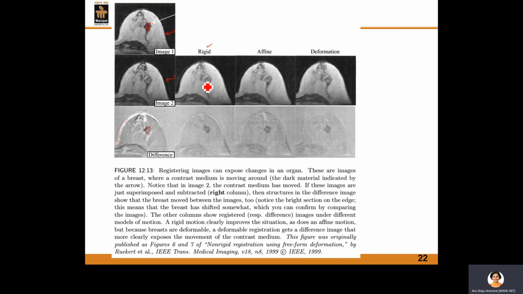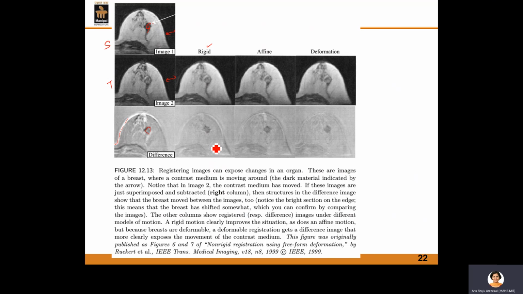Let's say this is the source image, and this one over here is the target image, and I have registered them together using rigid registration. After the rigid registration, when I take the difference, I do see where exactly the contrast agent movement is, but I still have some white boundaries present over here.